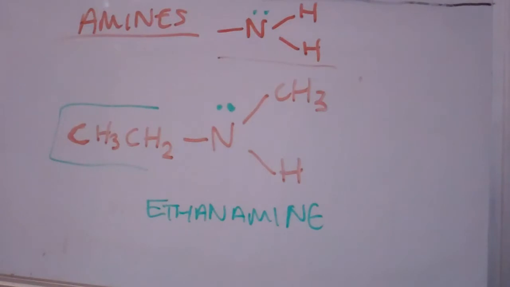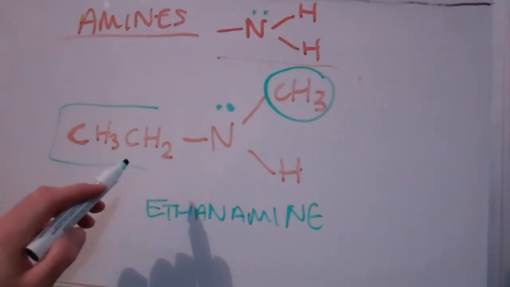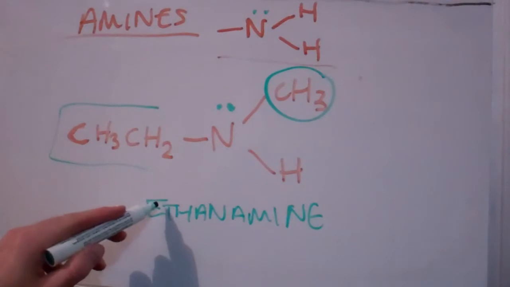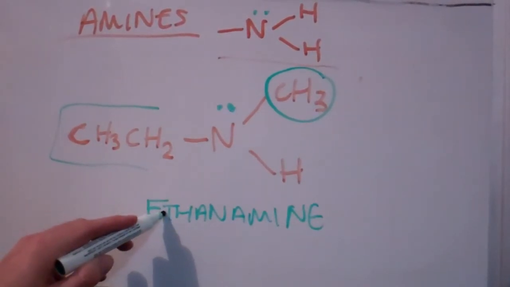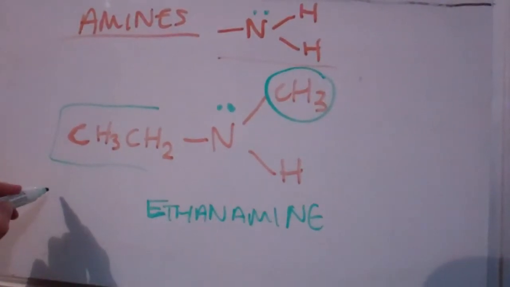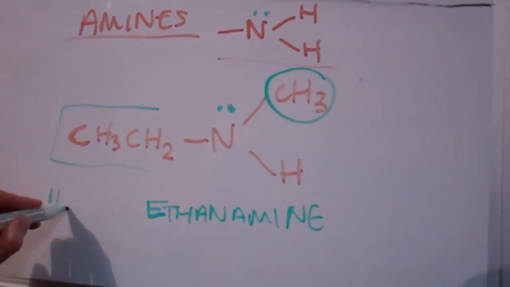Now, the amine, this time it's secondary, it's got a second carbon attached to it. Right? So this is a methyl group that's bonded to our amine. So if you have a methyl group bonded to your amine, to show where the methyl group is and that it is attached to the nitrogen, you have to label this as N-methyl.